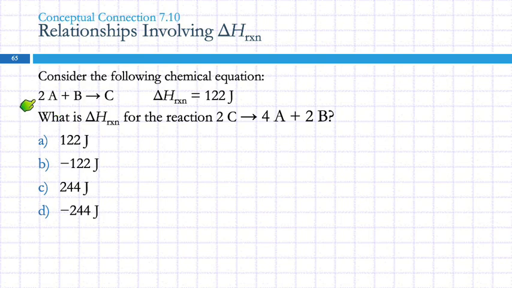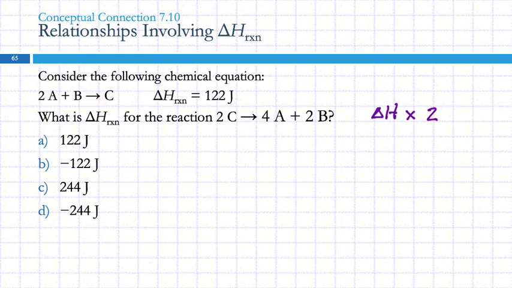So here the coefficient for A was 2, and over here it's 4. Here the coefficient for B was 1, and now it's 2. This was 1, and now it's 2. So twice as much stuff is reacting. So then I need to take my delta H, and I need to multiply by 2 because I have twice as much material reacting.